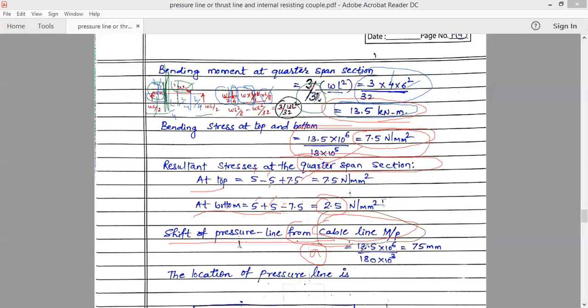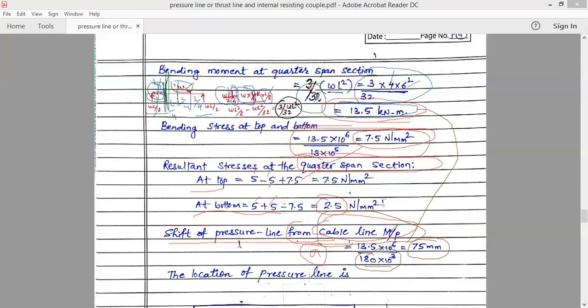So that lever arm, it is M by P. So M value we have, it is 13.5, from this I have taken, so it is 13.5 into 10 to the power 6, and P, the pre-stressing force, it is 180 into 10 to the power 3. So I have the value 75 mm. So this is the A value from the cable, measured from the cable position.